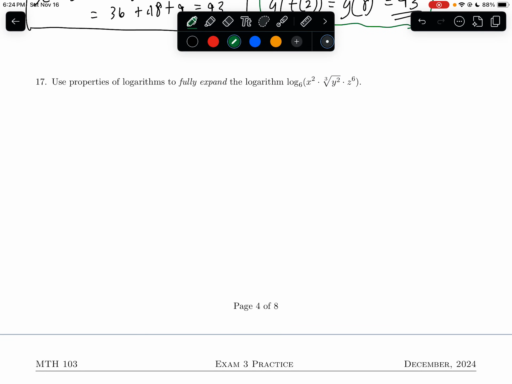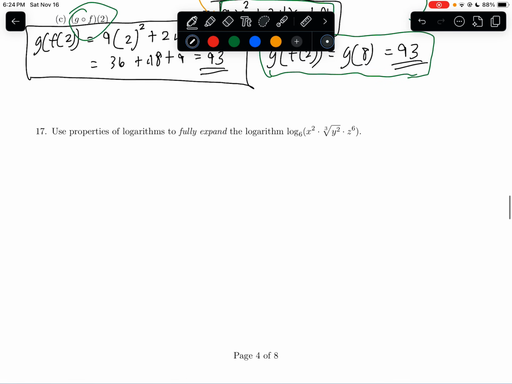Okay, so fully expanding this logarithm out. What this means is that you should have no products, powers, which we know now, including any radicals, right? Any roots, so namely the cube root there can't stay.